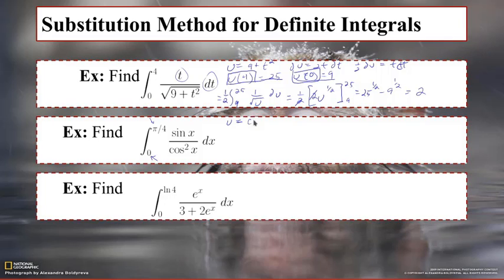So we're going to let u be cosine of x, and then du will be negative sine of x dx. I made a mistake here. I shouldn't have a dx on my u. The dx is on my du. But I don't have a negative sign, I have a sign, so let me divide both sides by negative.